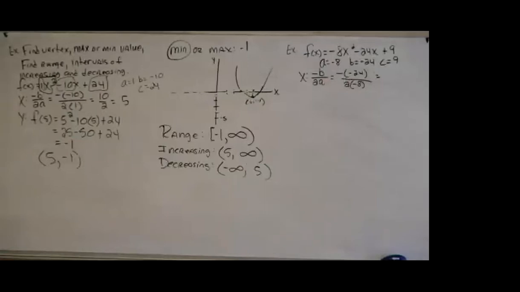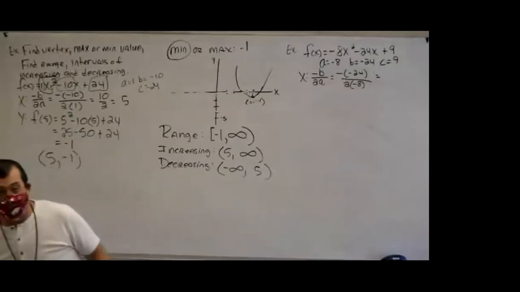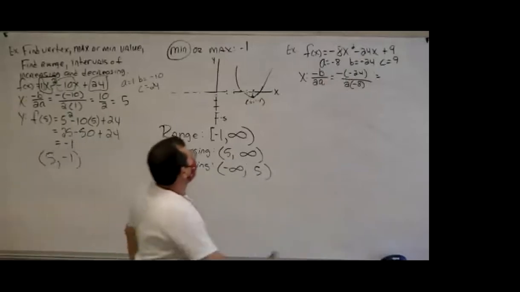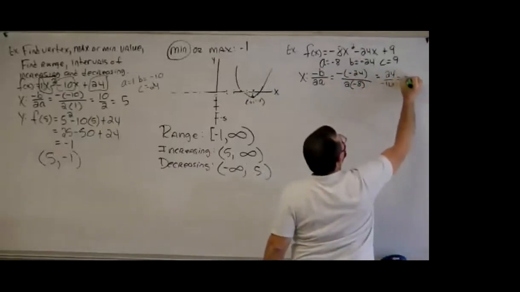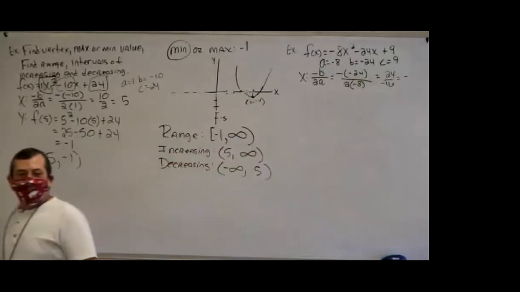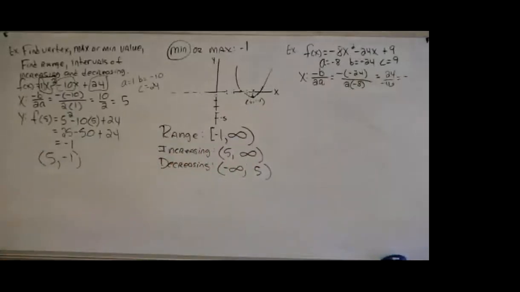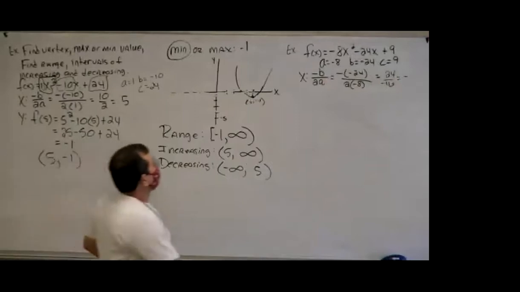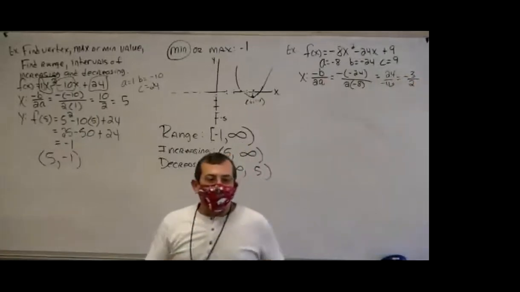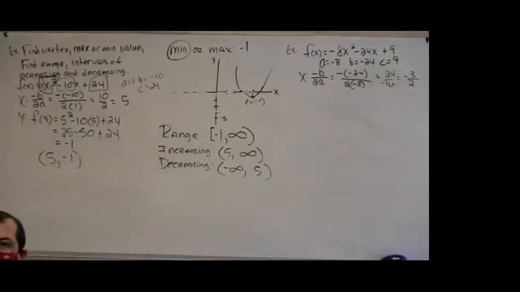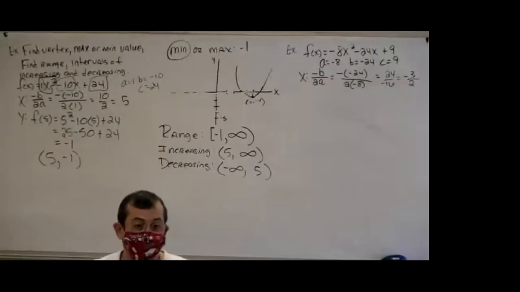That gives a 24 over a negative 16, which is a negative something. The biggest number I could divide into 8 and 16 would be an 8. So that's going to give me negative 3/2. The calculator should have given you something like 1.5. 3 halves is 1.5, pretty good. It'll take you in negative 1.5 form also.